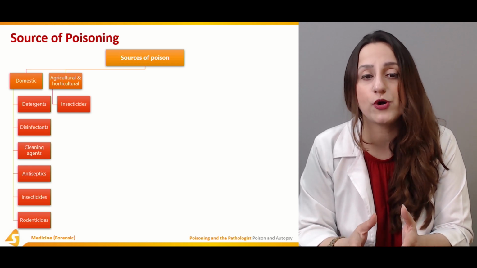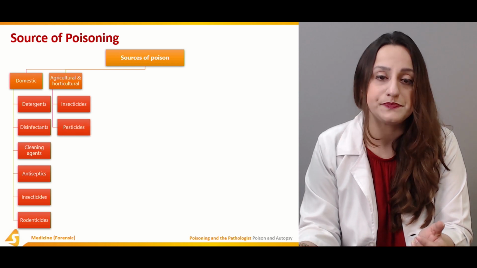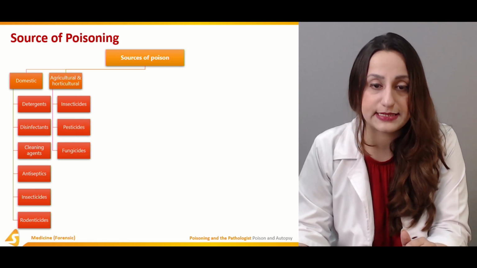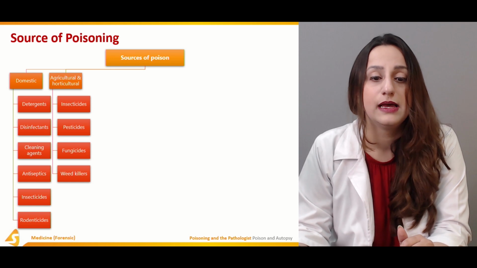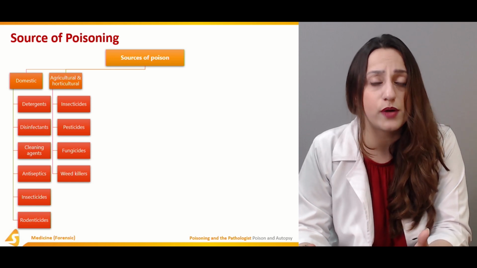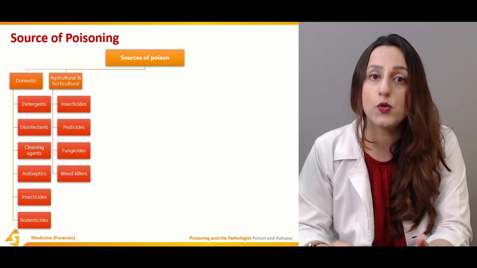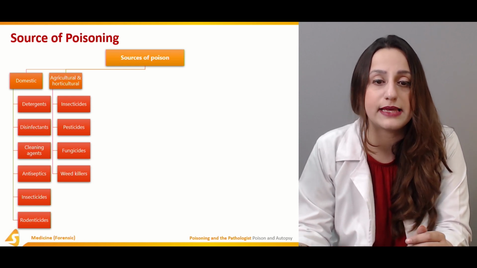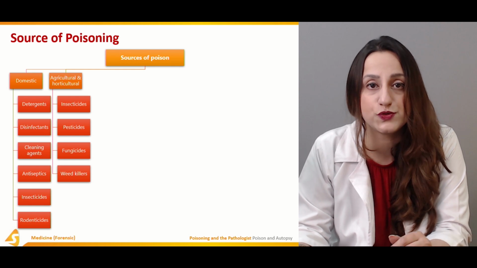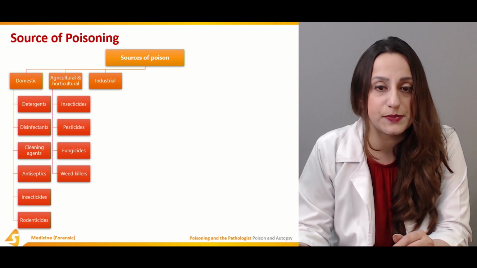The agricultural poisons include insecticides, pesticides, fungicides, and weed killers. They're very common even for suicidal and homicidal purposes. These weed killers, insecticides, and pesticides are used for poisoning purposes.